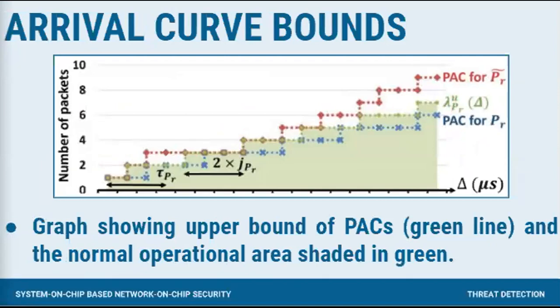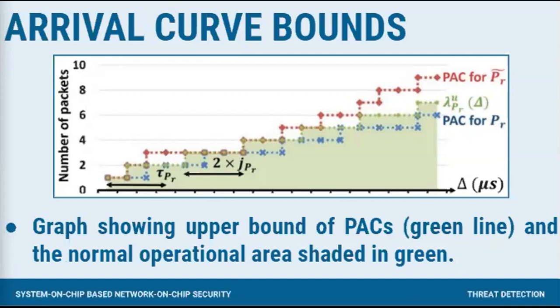This is called an arrival curve bound. This is one of the methods that we can use to detect a denial of service attack. The y-axis shows the number of packets and the x-axis shows the time. With time, if we consider one of the routers, there are 16 routers in a 4x4 network on chip mesh.